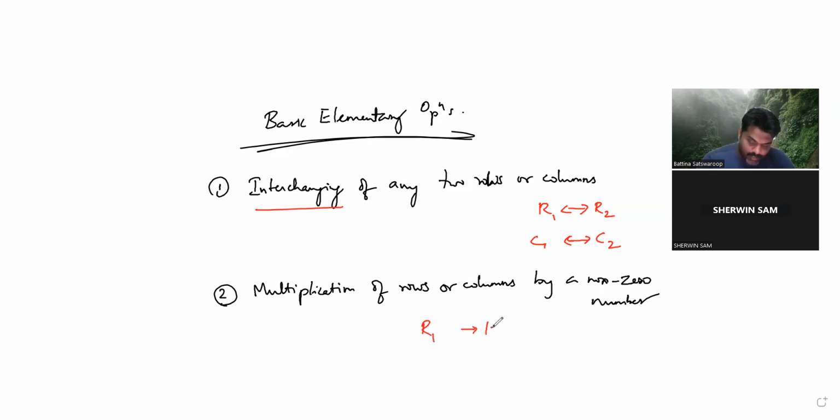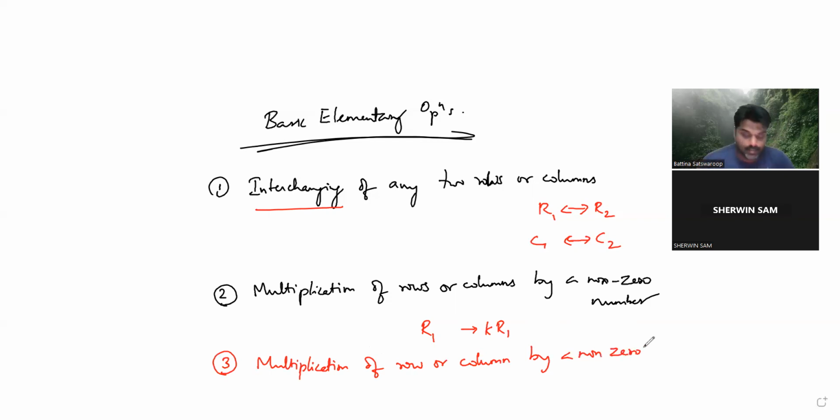So you can rewrite it as K R1, where K is not equals to 0. And you also have multiplication of row or column by a non-zero number. This is not part of your CBSE, sir. That is why I am discussing.